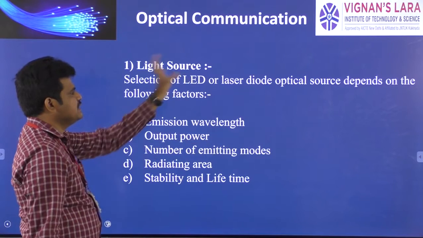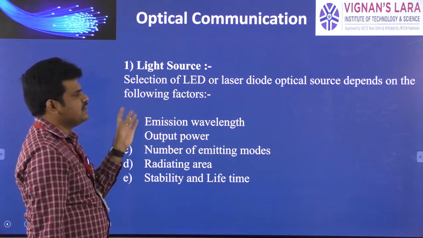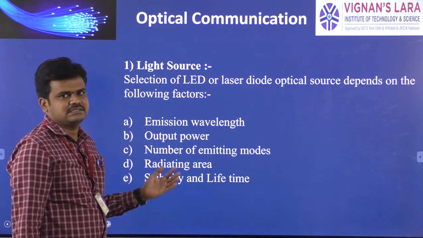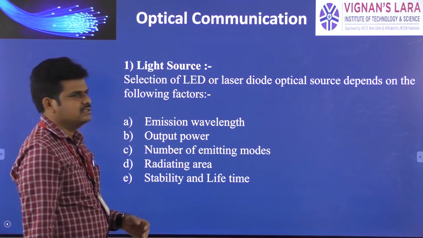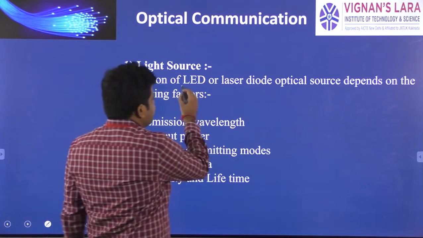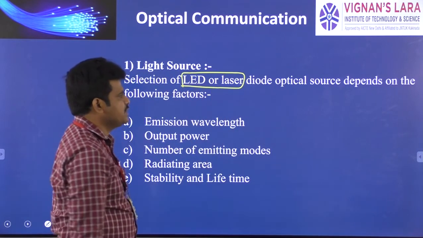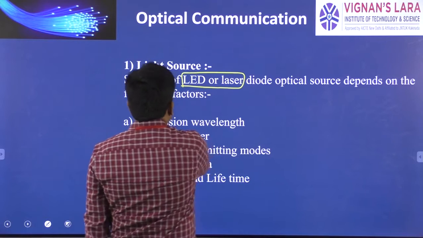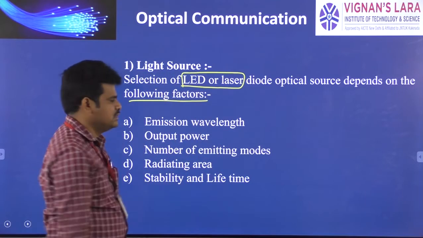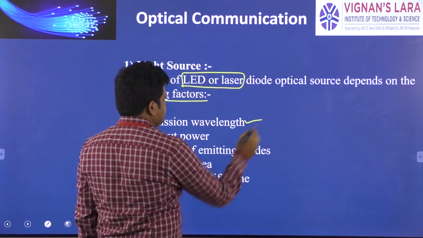Among these, the selection of the light source depends on certain factors. The light source may be an LED or a laser, whatever it may be. The optical source selection depends upon certain factors. What are those? The first one is emission wavelength.